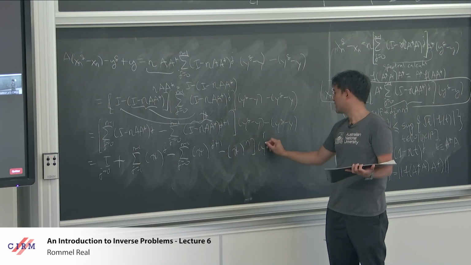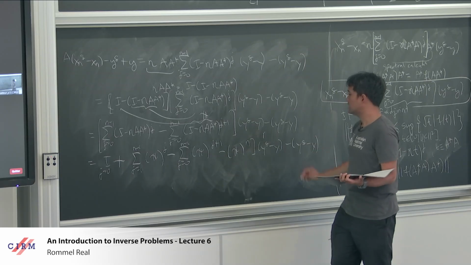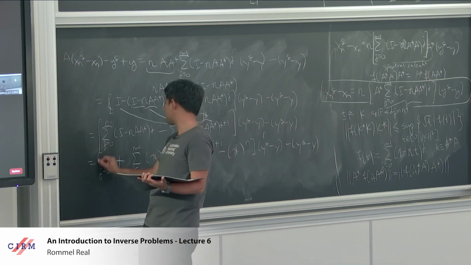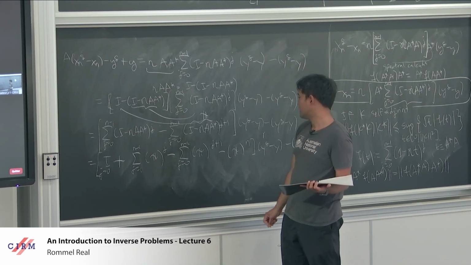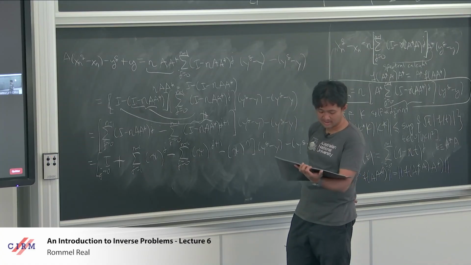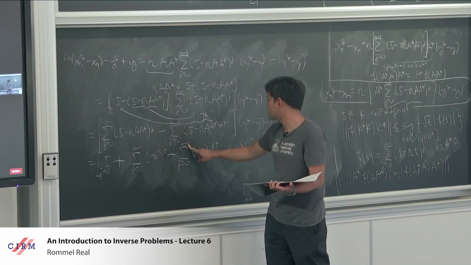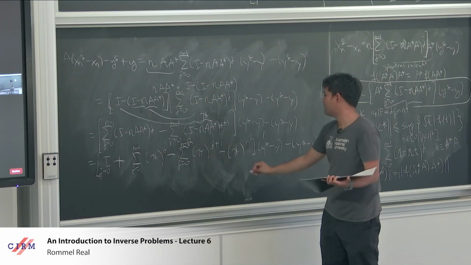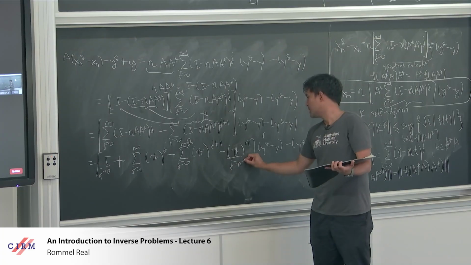Okay, and then if you look at this one, these two summations here will be cancelled, right? This is n minus 2, because we're isolating the term for j equals n minus 1.